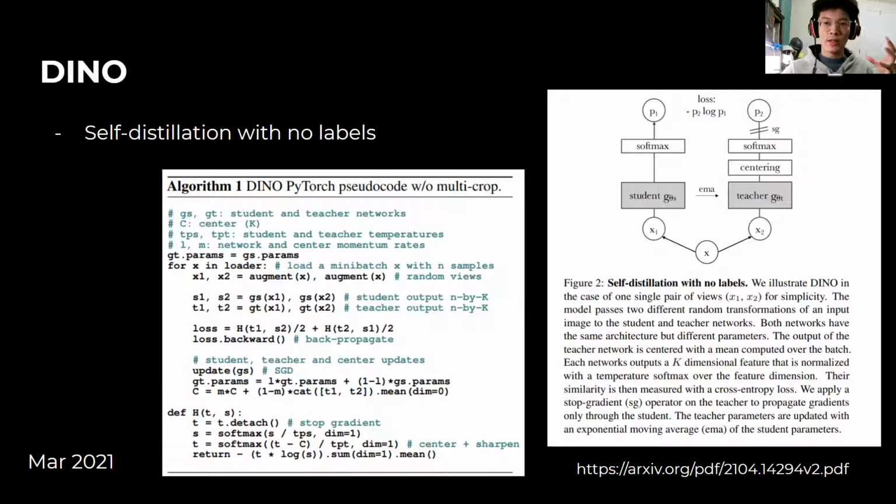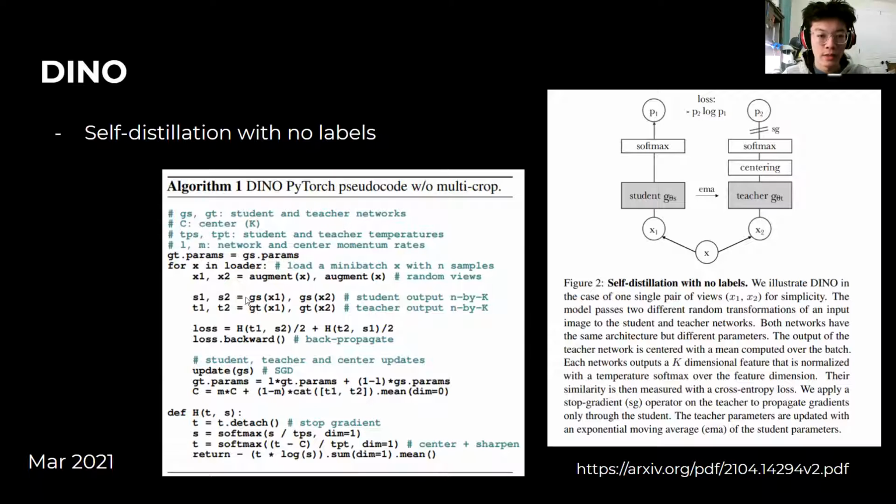And basically the objective of this model and this distillation model is that the two models need to be able to tell each other that this is the same image, and they are able to extract the same features from these models, which is pretty neat.